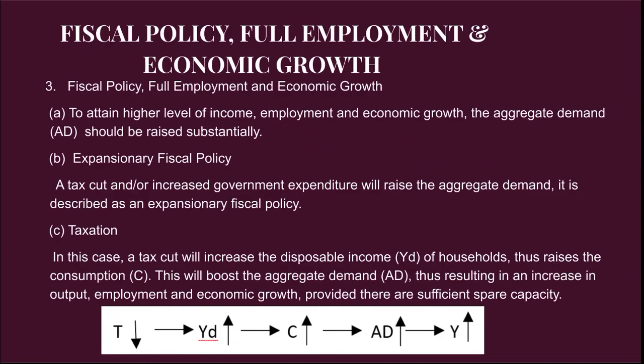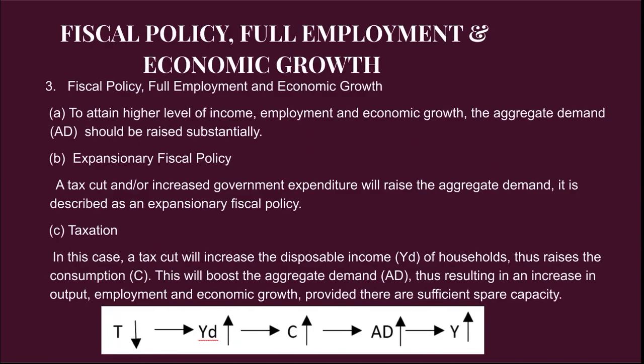Okay, so how does it work? How to analyze this is, let's say the government decreases the tax and chooses to keep government expenditure constant. That means the government is trying to cut down tax in the country. So what will happen is, the moment the government implements a tax cut, you can see tax will affect the consumers' or household sector's disposable income.